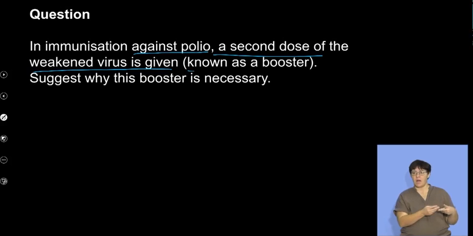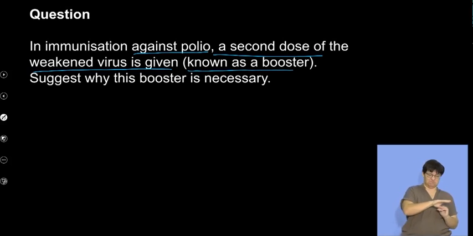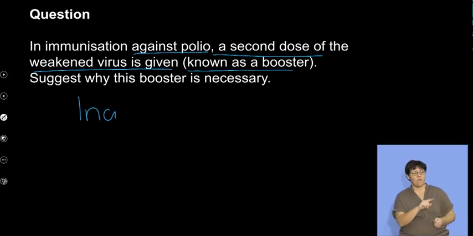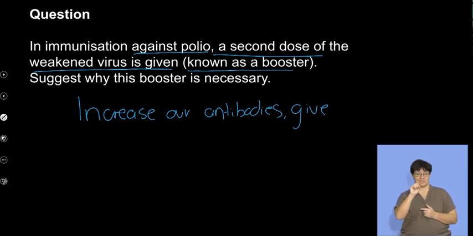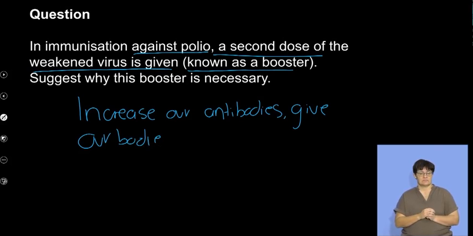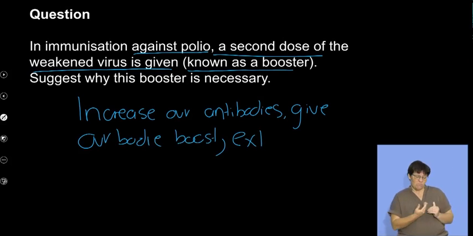In immunization against polio, a second dose of the weakened virus is given. This is called a booster. Why is this booster necessary? It would increase our antibodies and give our bodies a boost. A boost means extra protection.